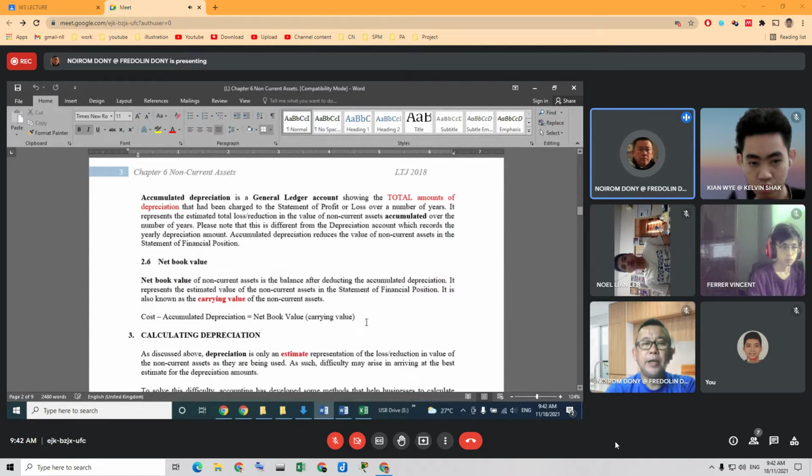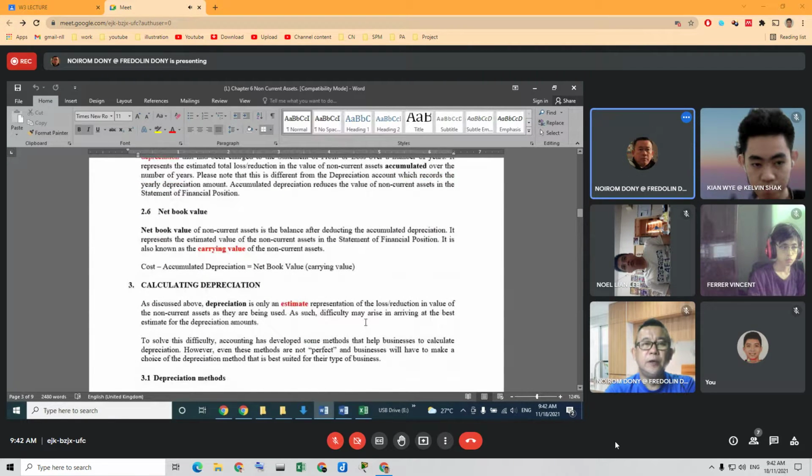Now, net book value. Like what I've explained to you just now, net book value is the difference between the cost and the accumulated depreciation. So the net book value of a non-current asset is the balance after deducting the accumulated depreciation. Meaning cost minus accumulated depreciation.